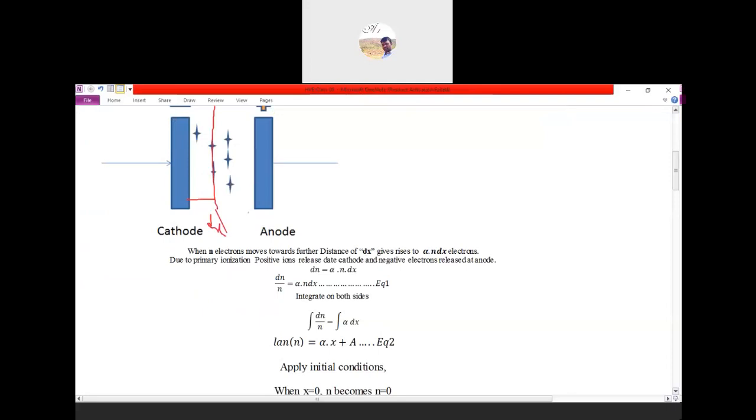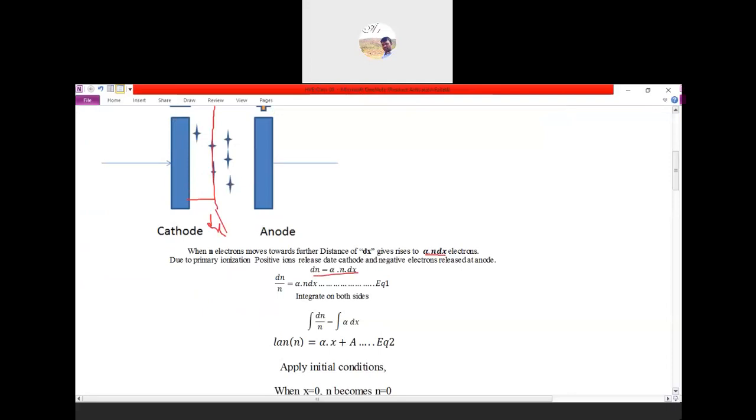Those electrons flow toward a distance dx.